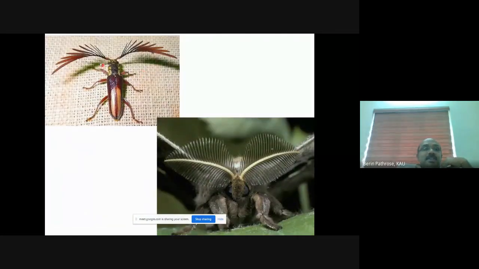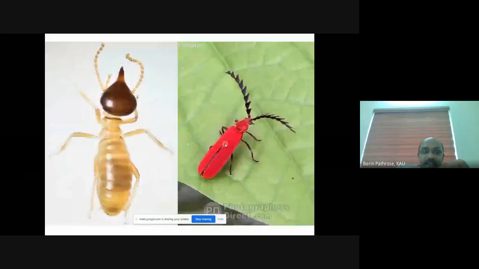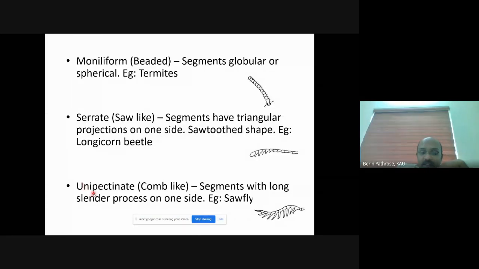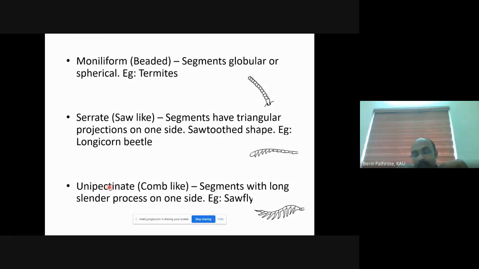And the next type of antenna is unipectinate, or you can call it a pectinate antenna. Here we are discussing unipectinate. It is comb-like. The difference between serrate antenna and unipectinate antenna is that in serrate antenna we have triangular projections, but in the case of pectinate antenna, the segments have a long slender process on one side.